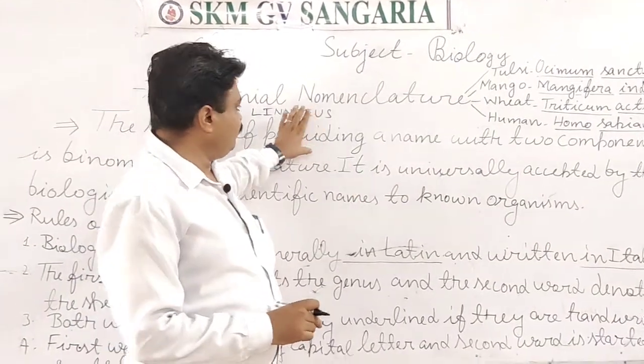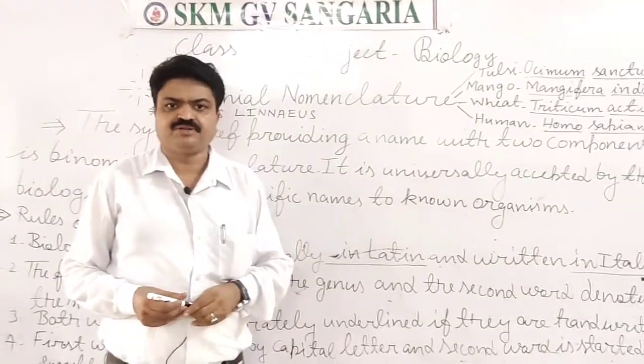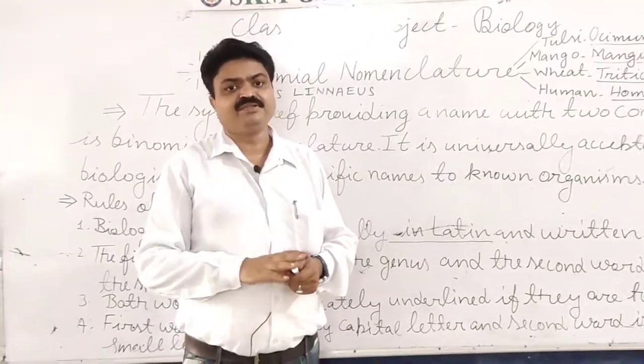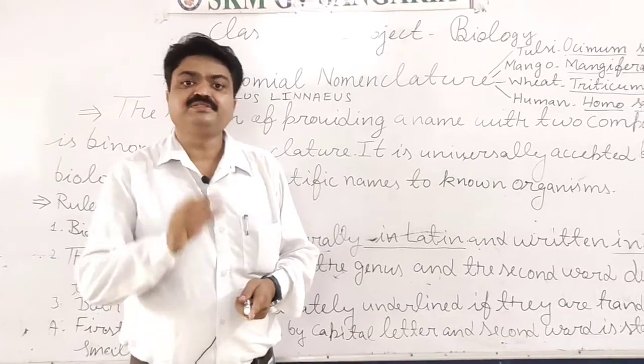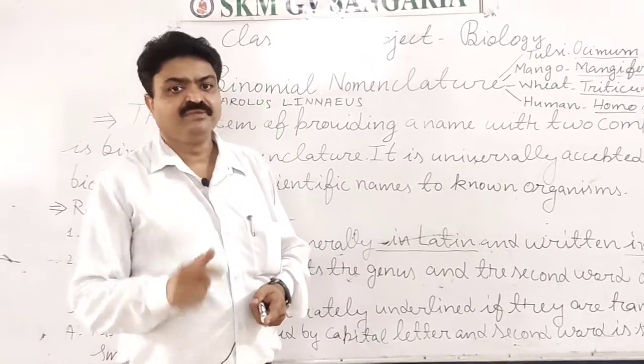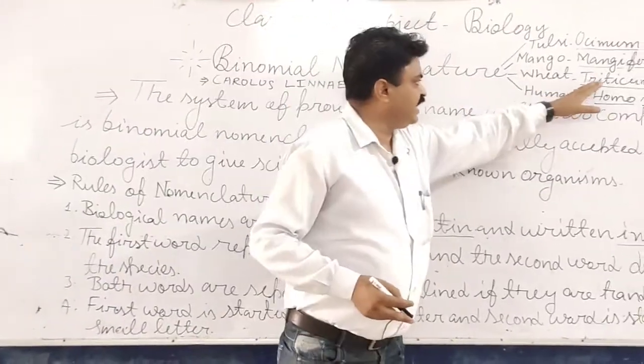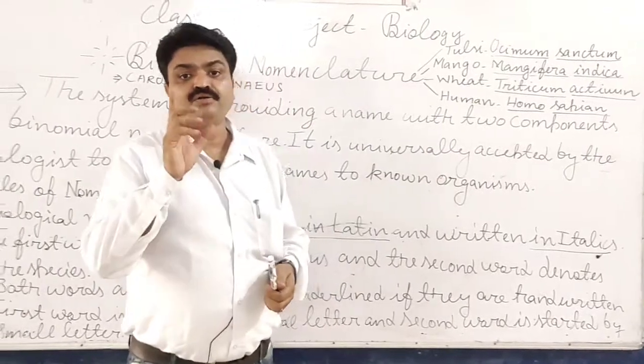So what is the benefit of binomial nomenclature, students? With the help of this, we can give scientific names to plants and animals, and these names are universally accepted by biologists.